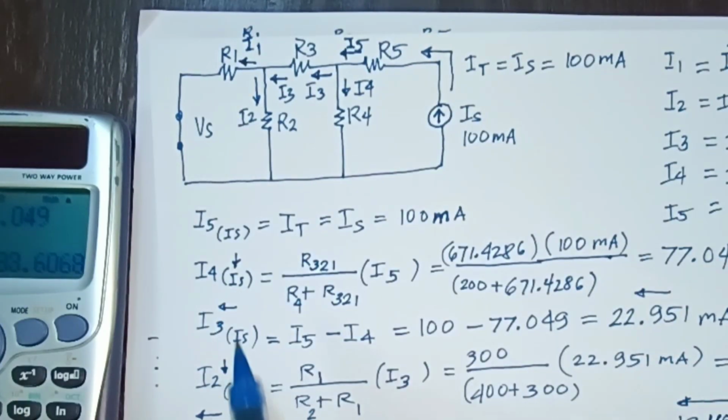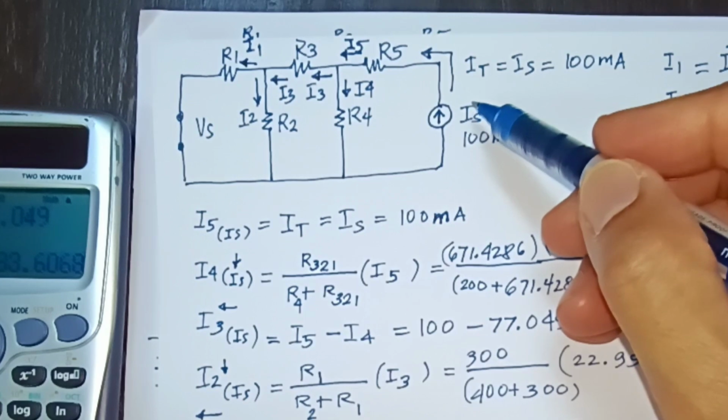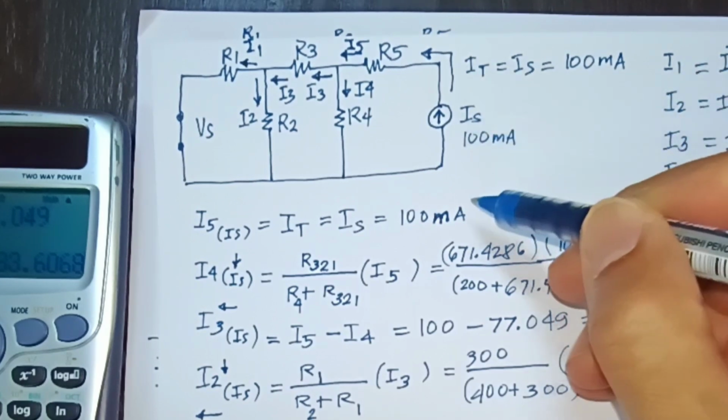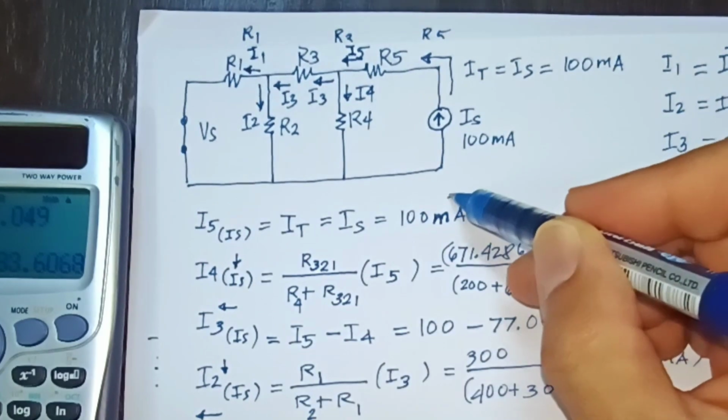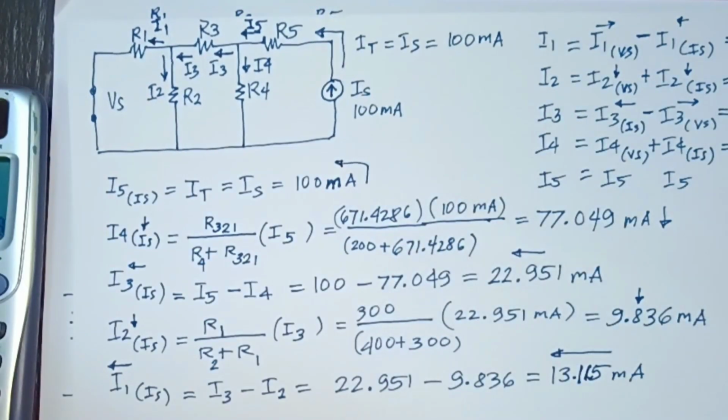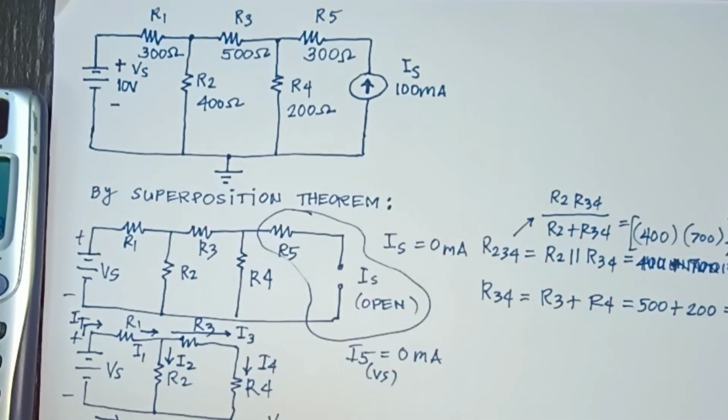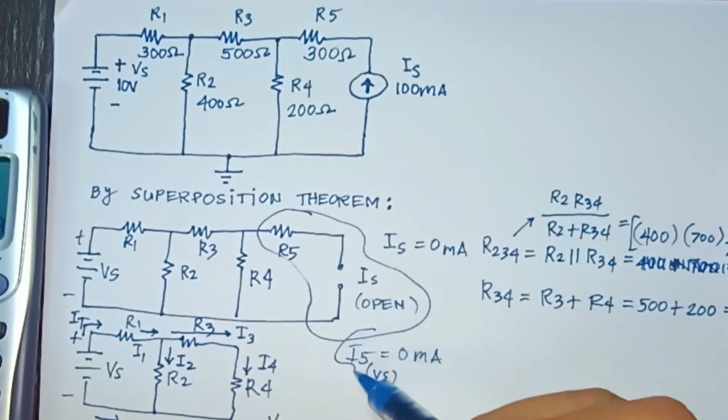milliamperes. And finally, let's see that I5 with respect to IS is 100 milliamperes. And the I5 with respect to the VS, so this one is going to the left or counterclockwise, but the I5 with respect to VS is equal to 0.